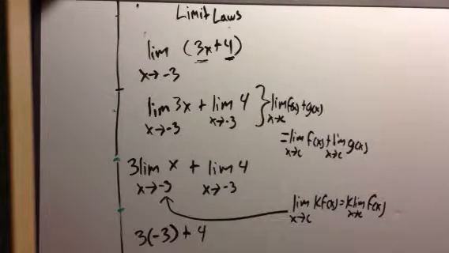Did you get that? So remember, the limit, it's right here. So, what is that going to equal? It's going to equal -9 plus 4, which just equals -5. If I'm not mistaken.